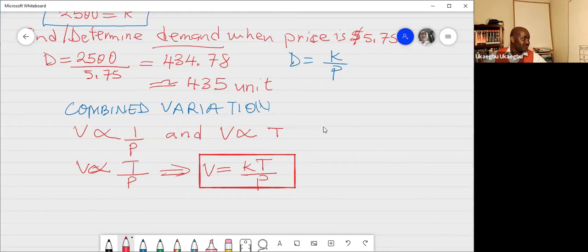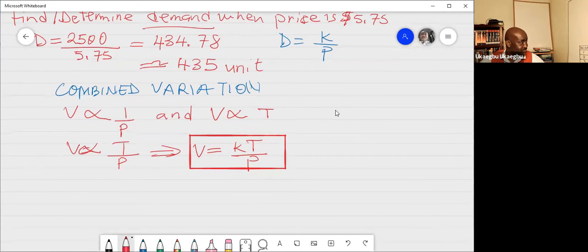Okay, so now let's try to solve a problem regarding this type of situation. Write an equation relating pressure, temperature, and volume. We just did. Find the pressure when the temperature is 300 Kelvin and the volume is 700 cubic centimeters.